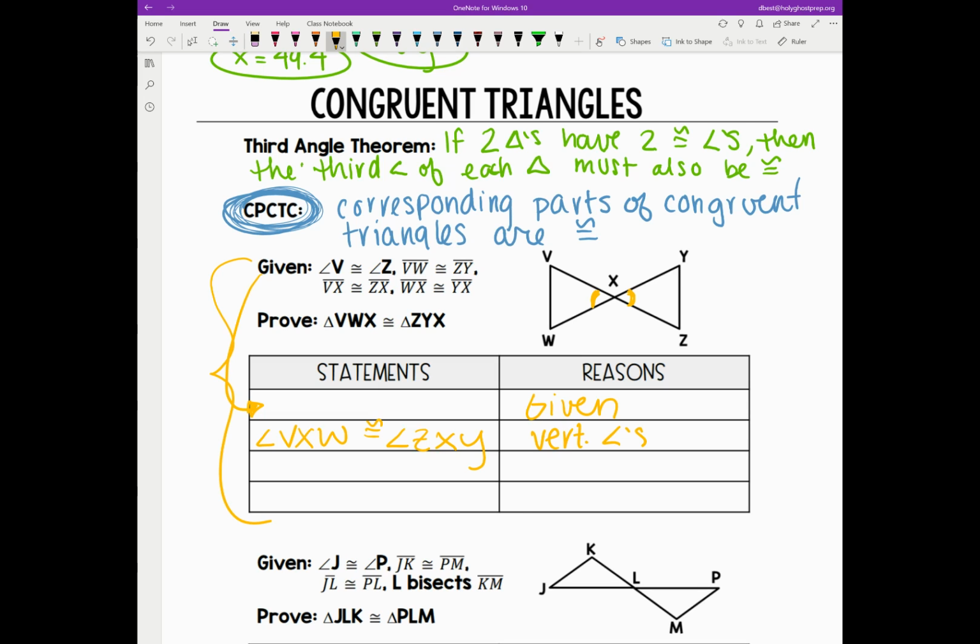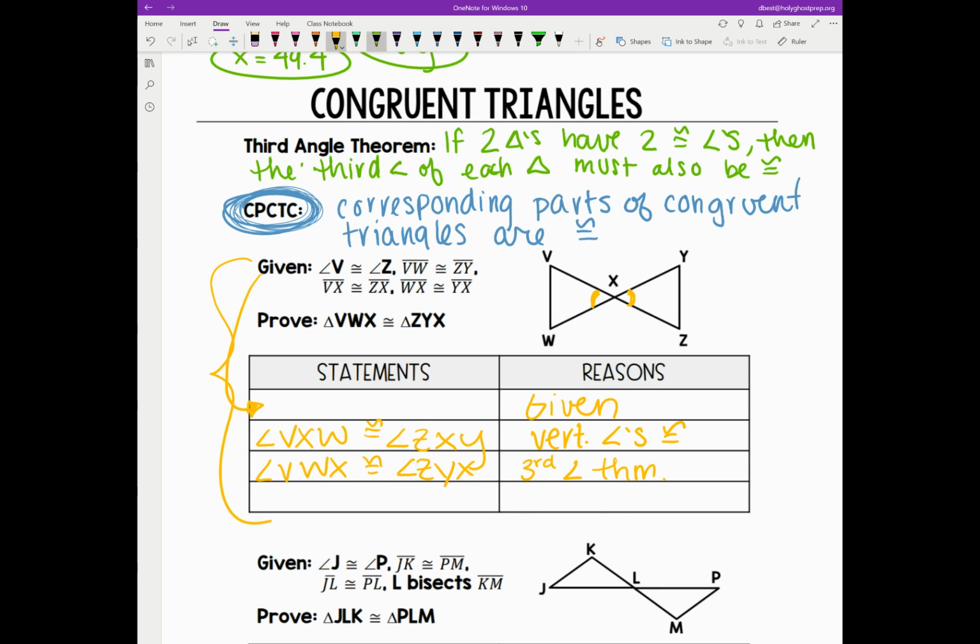Remember, that's not part of the definition. You have to write it out. Then I would also know that angle VWX is congruent to angle ZYX by the third angle theorem.